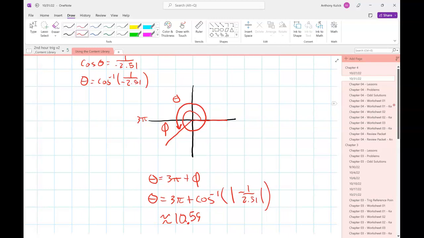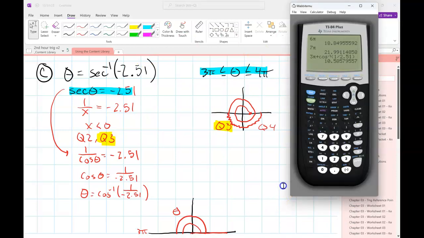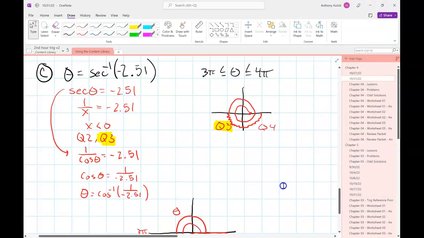Now to check this, I would check here and here. How do I type secant into my calculator? Actually, why do that? We should check here and here. We wrote it down.